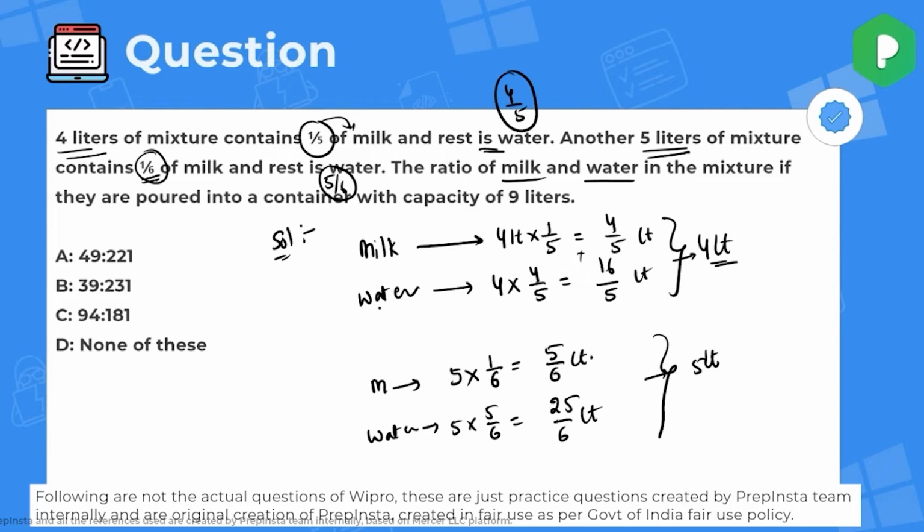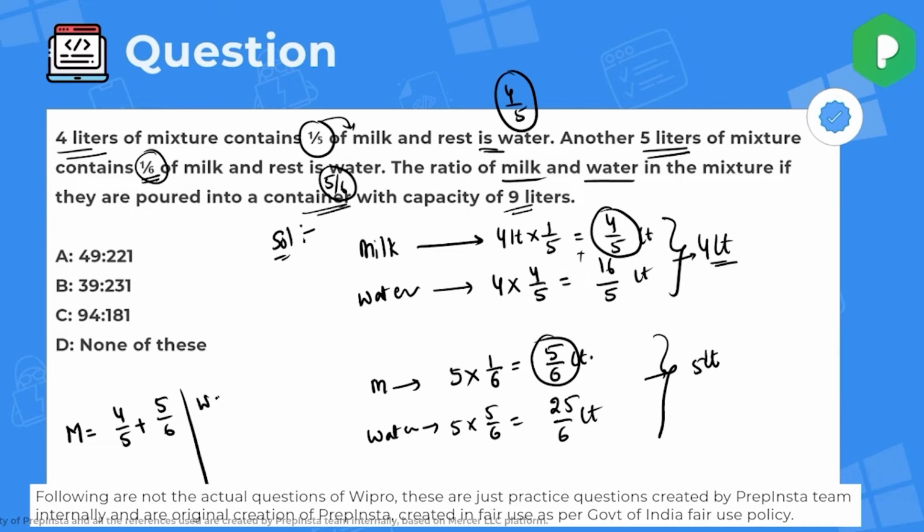Then the next step is that the two mixtures were poured into another container of 9 liters. Now look at the quantity of the milk: here it is 4/5 liters and 5/6 liters. What is the total quantity of the milk in the new mixture? It is nothing but 4/5 liters plus 5/6 liters, right?